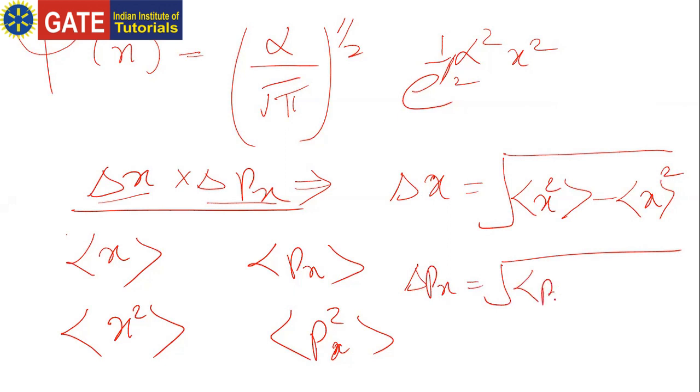Why can't we use the formula: modulus of the expectation of the commutator of x, px, by 2? Which relation? Delta a into delta b is greater than or equal to the expectation of the commutator of a, b, by 2i. That relation. Okay, try to find.